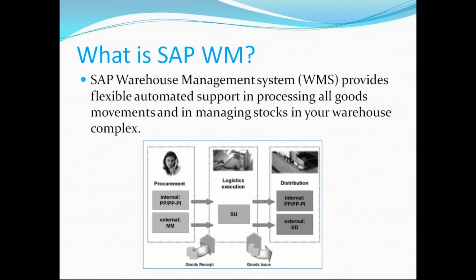Next, about the external distribution. External distribution is a case in which you are the vendor to another plant. That means the other plant will be creating the purchase order.